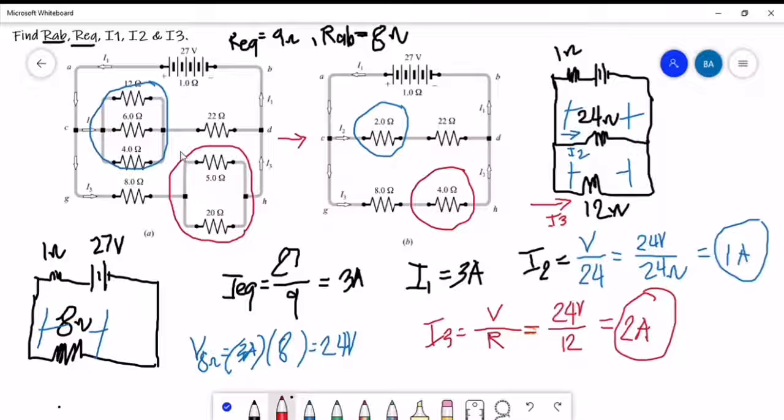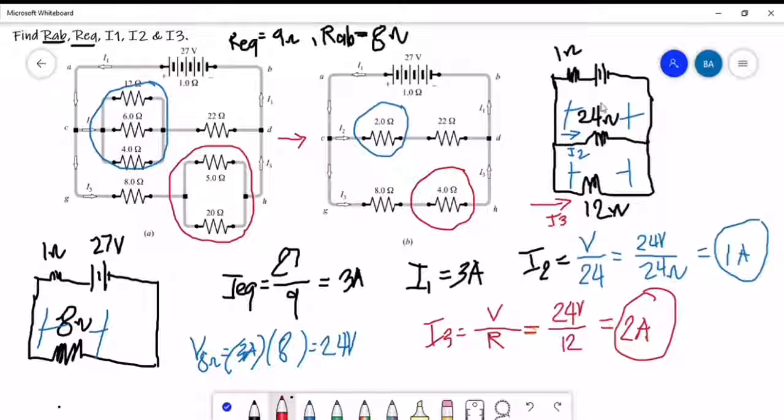If we include the internal resistance, which is 1 ohm, and our RAB, that is now our R equivalent, or the total resistance. So our I sub 1, or the current that flows here, is the same as the total current, and the total current that flows in our internal resistance is also the same as the current that flows in our RAB.